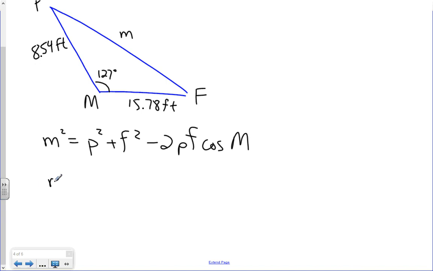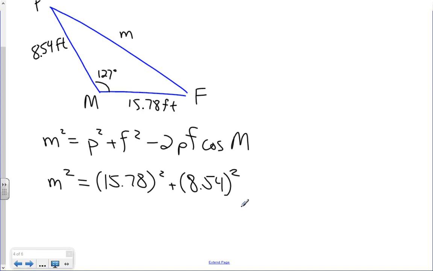Side P, they told us, was 15.78 squared, plus F, they told us, was 8.54 squared, minus 2 times P, which is 15.78, times F, which is 8.54, times the cosine of the angle, which is 127 degrees.